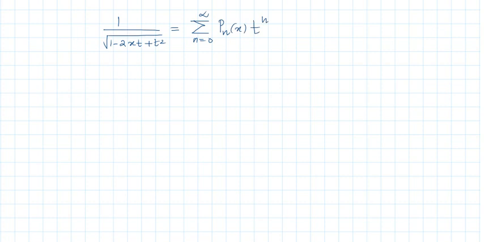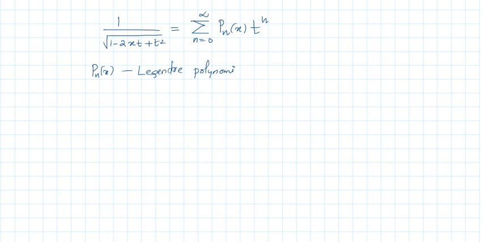Now we have a familiar identity: 1 by square root of 1 minus 2xt plus t square is equal to sigma n equal to 0 to infinity P n of x t raised to n, where P n of x are called Legendre polynomials.